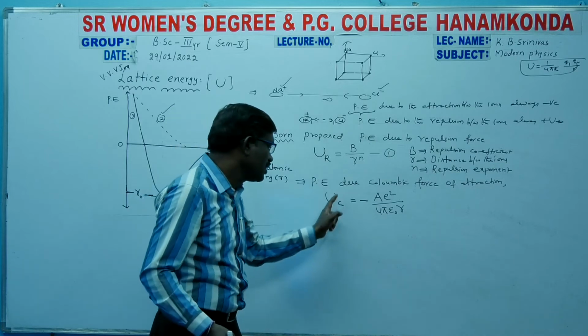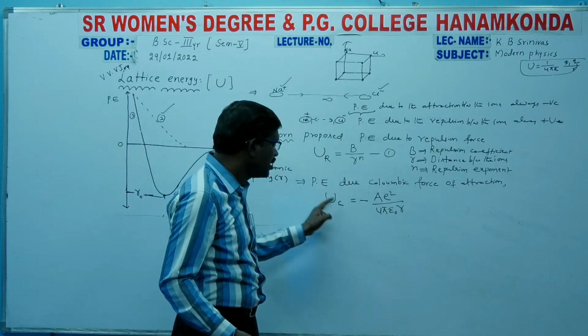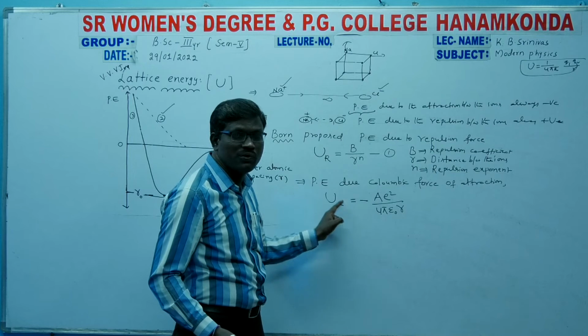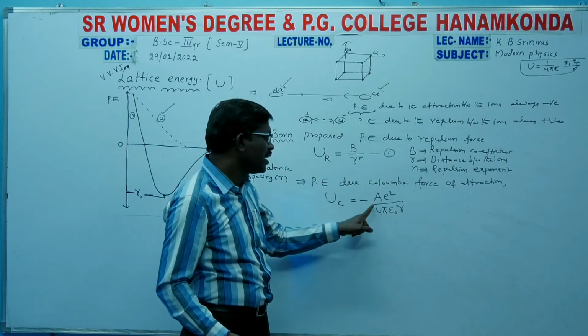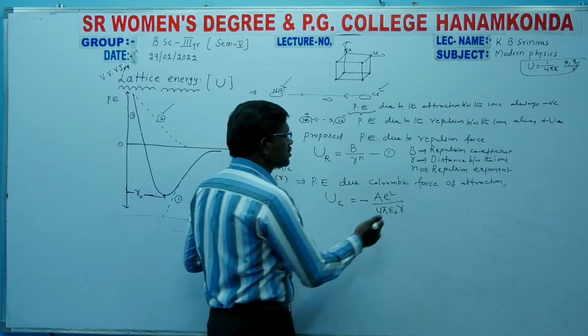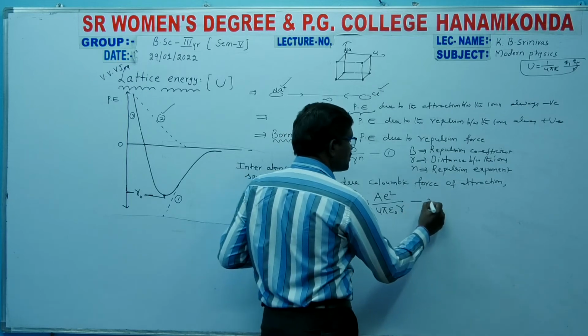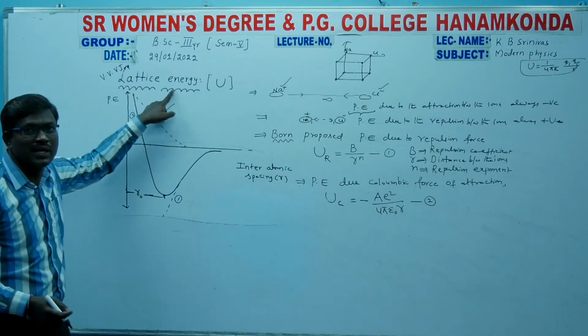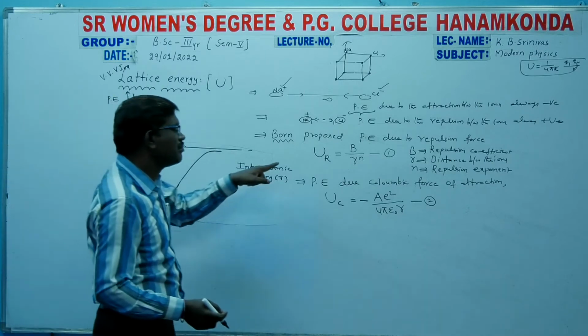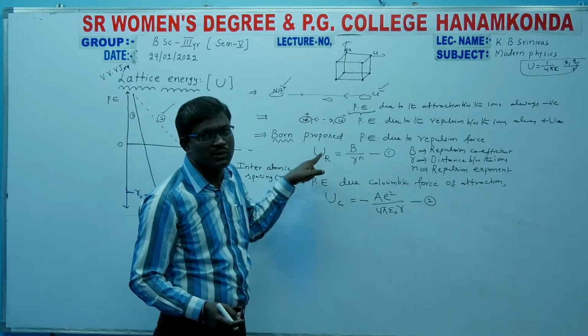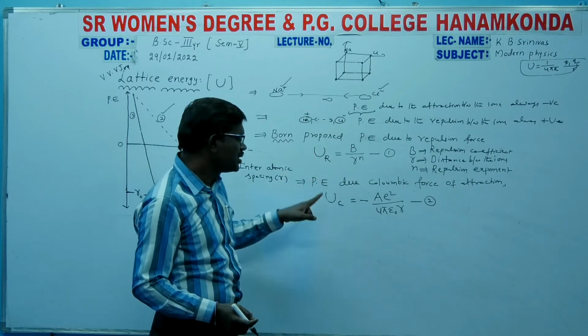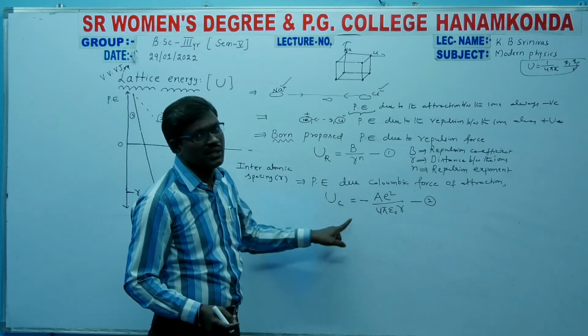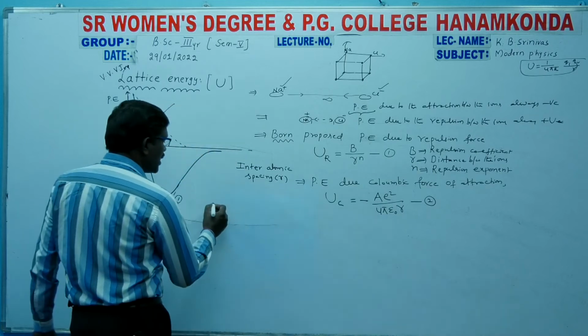What is UC? This is also potential energy, but due to Coulombic force of attraction, and its value is equal to minus A E square by 4 pi epsilon naught R. But I want to calculate the total lattice energy. It is a sum of potential energy due to repulsion forces and potential energy due to attraction forces between the two ions.